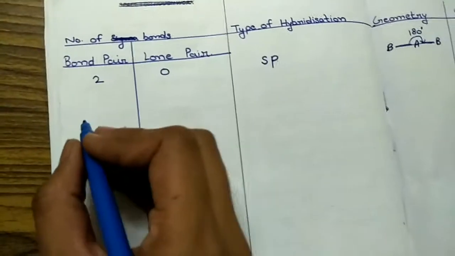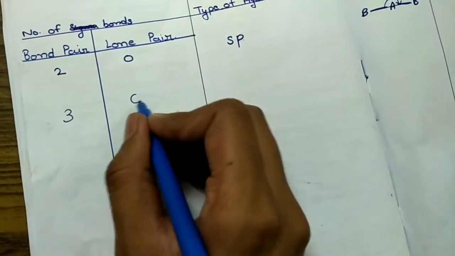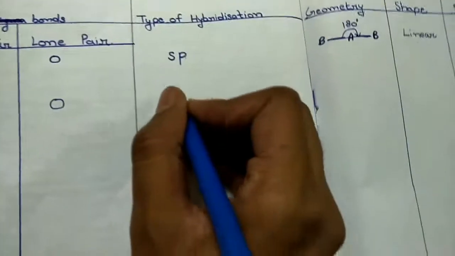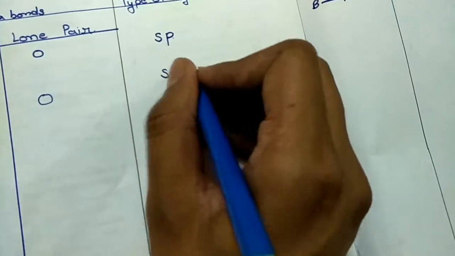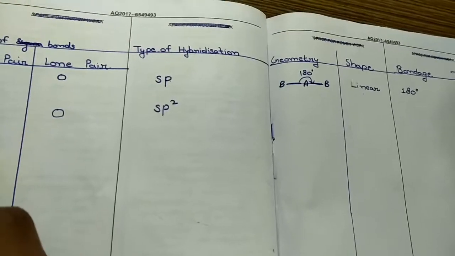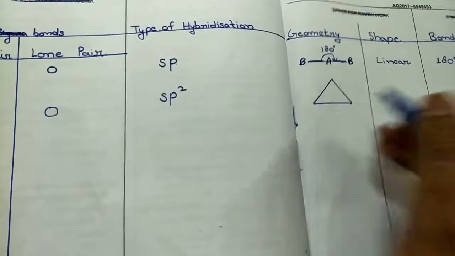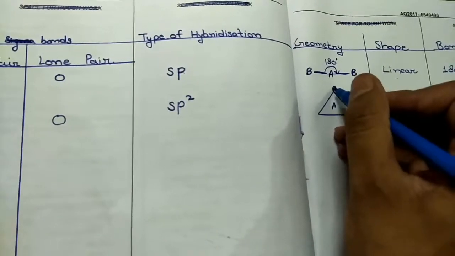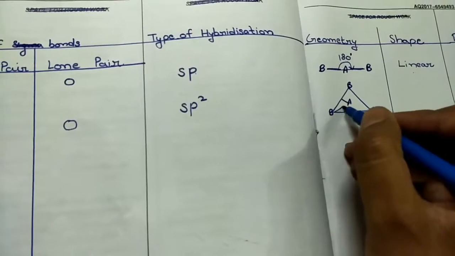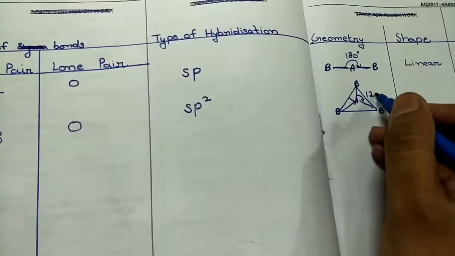Now again, if we have three bond pairs and zero lone pairs, in this case the hybridization that we have is sp2. The geometry here will be trigonal planar, which could be represented as A, B, B, B. So here the angle is 120 degrees.